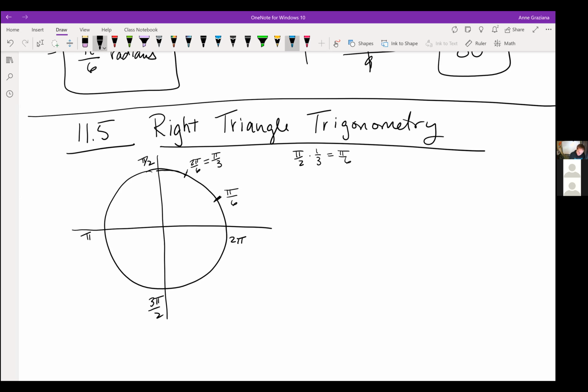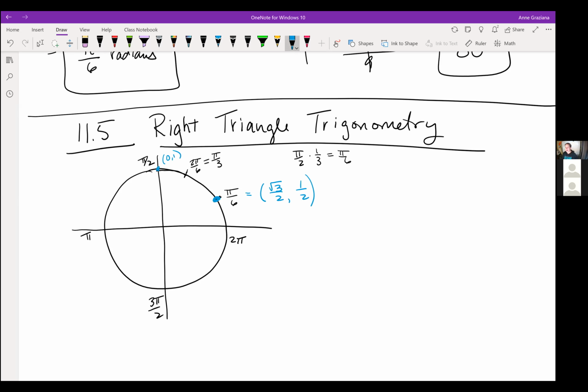But what I do want to point out is this point here. I will tell you the coordinates are square root of 3 over 2 and 1/2. Okay? Those are not nice looking points. They're not nearly as nice as, oh, this is just 0, 1.